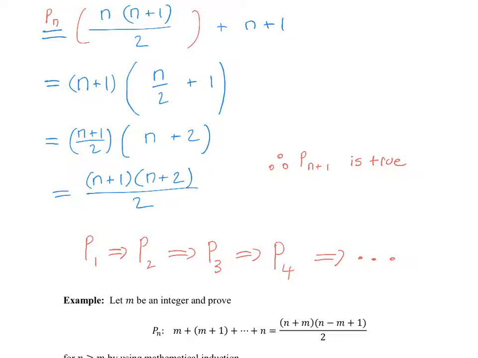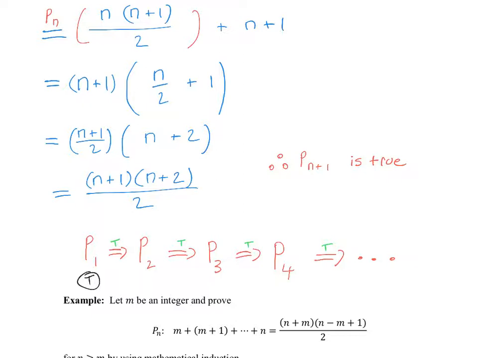So in the inductive step, we show that all of the implications, all of the arrows that I just wrote down are true. So that is true, that is true, that is true, and so on. And then in the base case, we show that P sub 1 is true explicitly. We just plug in the numbers or plug in the scenario and say, yeah, that's true in the base case.